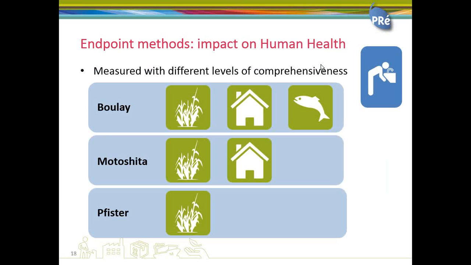For instance, Boulay looks at 3 different kinds of users: agricultural users, domestic users, and fisheries. Motoshita looks at 2 groups of users, agriculture and domestic users, whereas Pfister only considers impacts on agricultural users. So this is quite important to bear in mind because the methods use different impact pathways to calculate the end result.